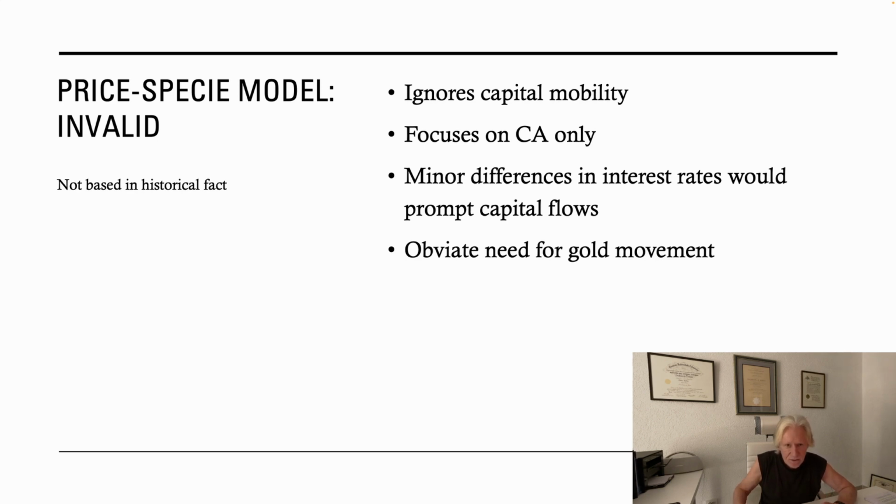It focuses too much on the current account. Minor differences in interest rates will trigger prompt capital flows, and capital mobility was completely unrestricted under the gold standard. And capital flows alone would obviate the need for movements of gold between a deficit country and a surplus country.